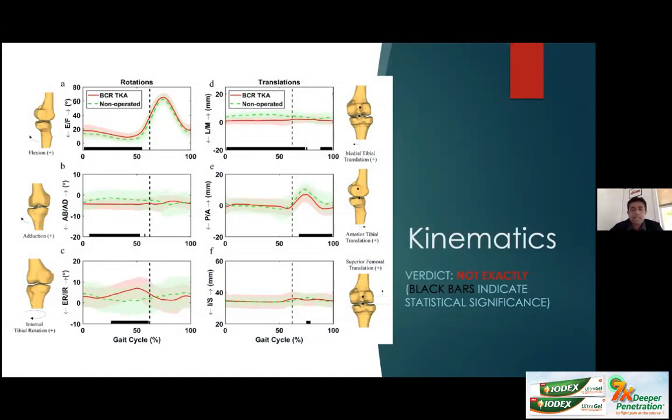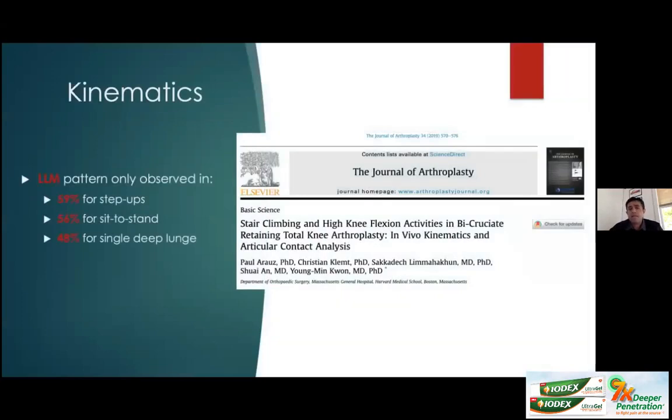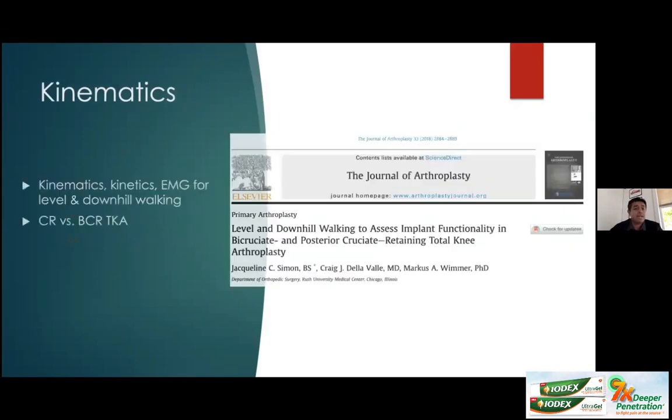In all other cases, a native knee and a bicruciate retaining total knee behave quite differently. So they're not exactly the same, and patients may still end up feeling a difference. The early lateral, late medial pattern, the dual pivot pattern, is only visible in about 50 to 60% of patients in a bicruciate retaining total knee arthroplasty, not in other patients. So again, there is a limitation to this implant design that we still do not understand.